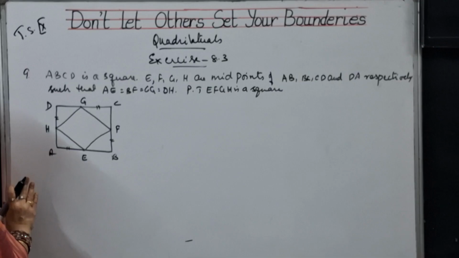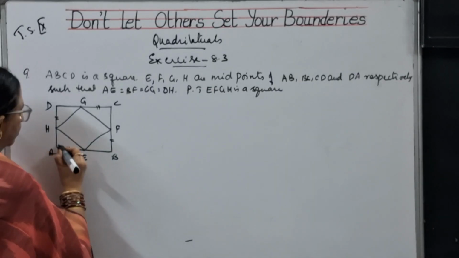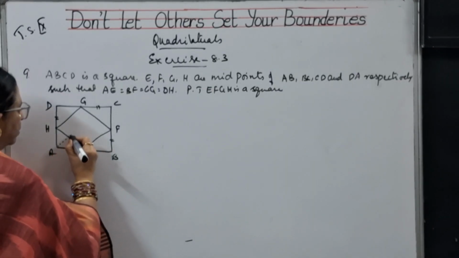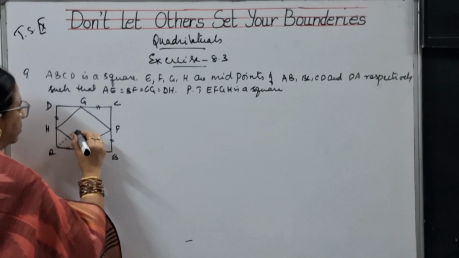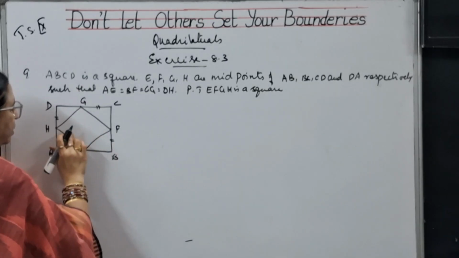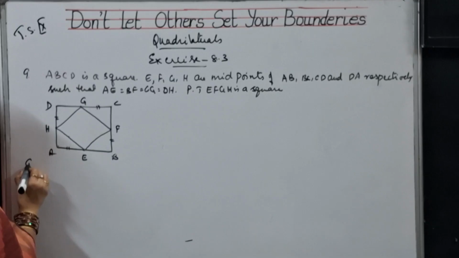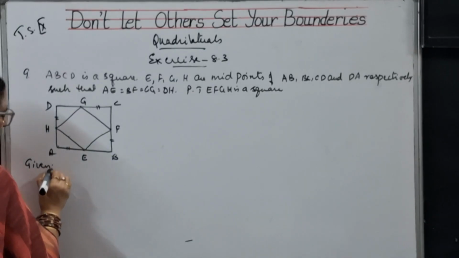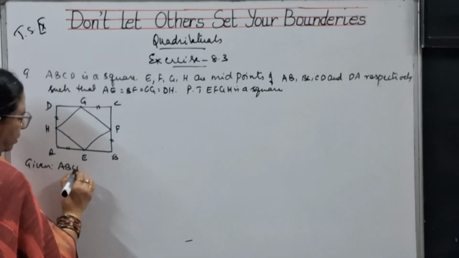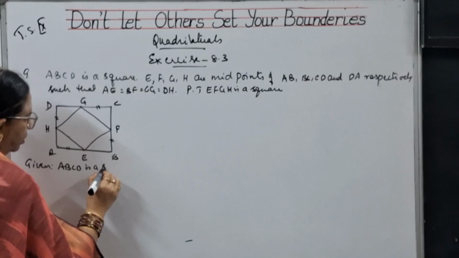Now let us join AC. While explaining, I will do this, children. So what is given? ABCD is a square.